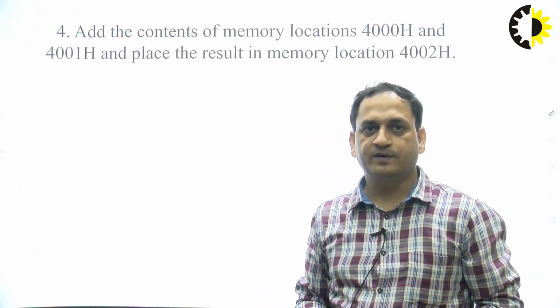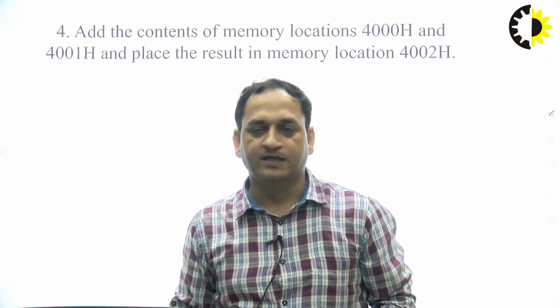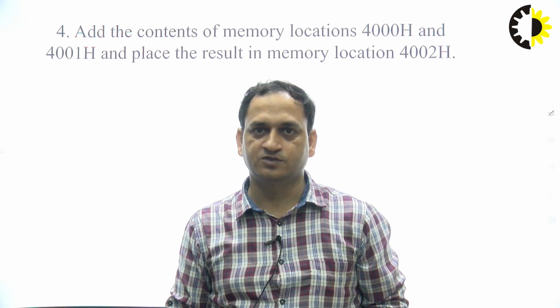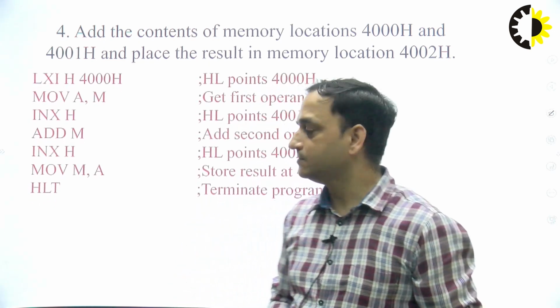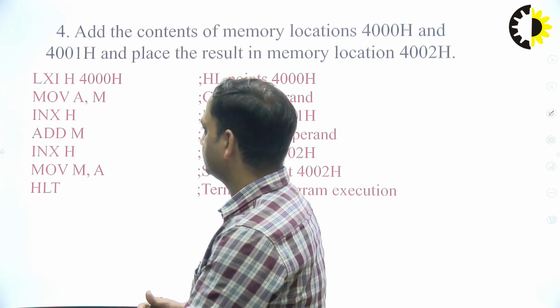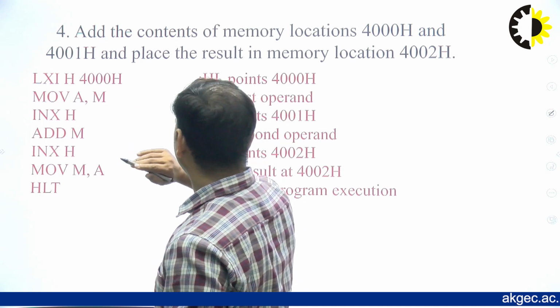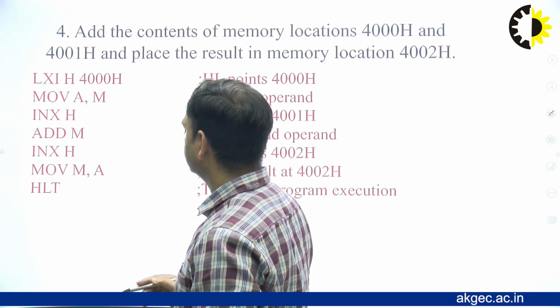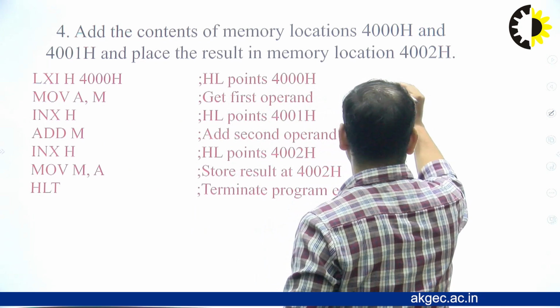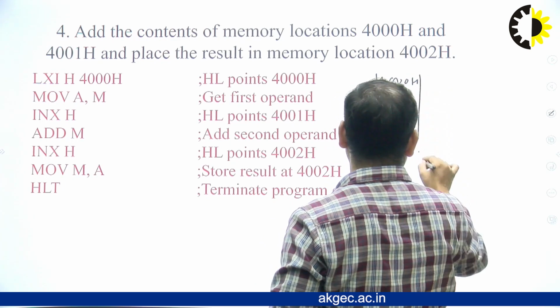Add the content of memory locations 4000H and 4001 and place the result in memory location 4002. Again, this is very simple. LXI H 4000H, we are using the immediate addressing mode. In memory location 4000H, we have one number.